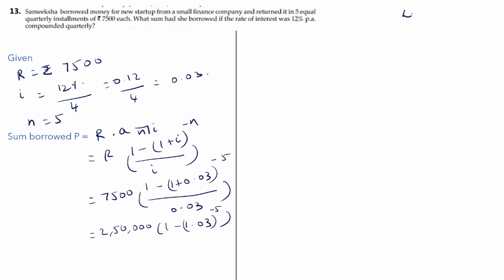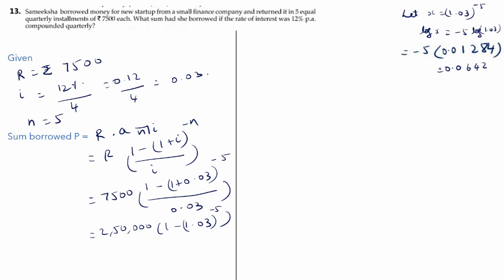So let x is equal to 1.03 the whole raised to minus 5. If we take log on both sides, we get log x is equal to minus 5 into log 1.03. Now in the log table we can find the value of log 1.03. We have to take 10 and along 3 we have to find the value.